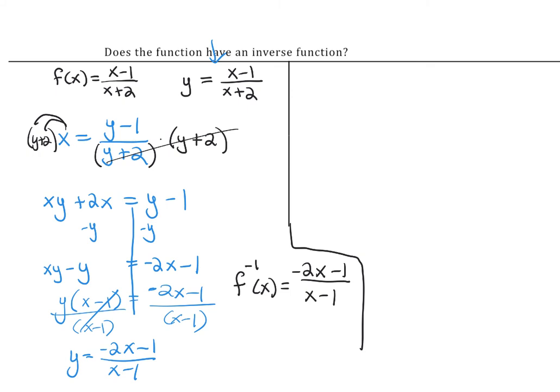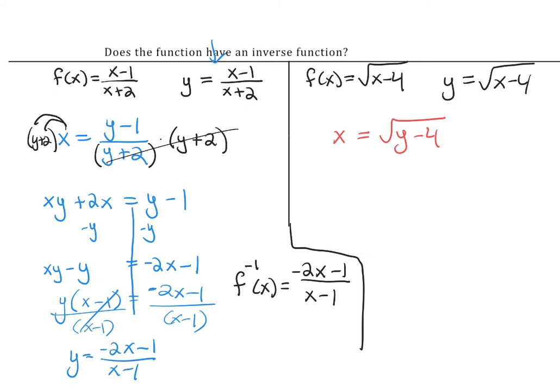Okay, let's do another example. So this time f of x equals the square root of x minus 4. Also written as y equals the square root of x minus 4. To find the inverse, let's switch x and y. So x equals the square root of y minus 4. And now solve for y.